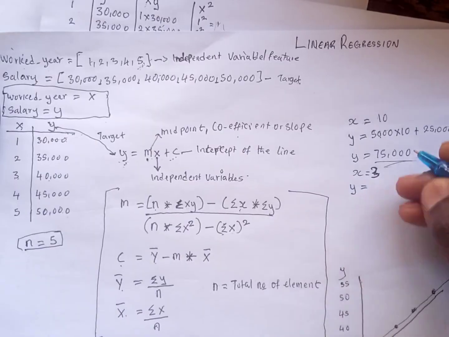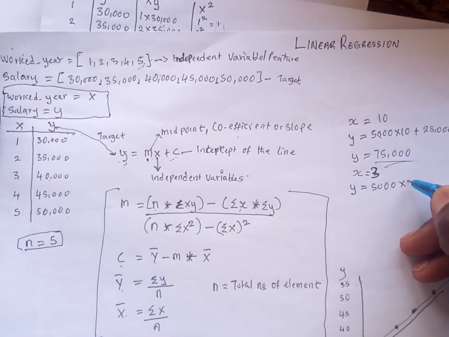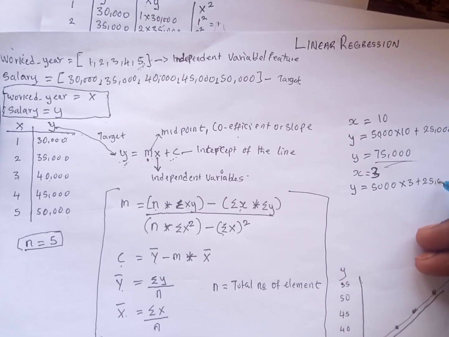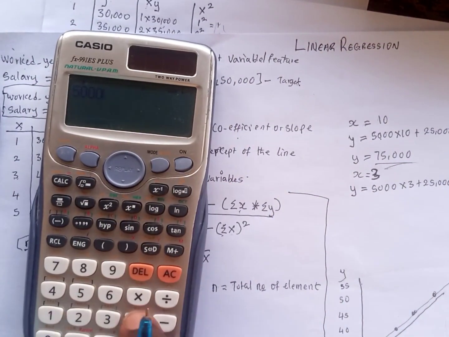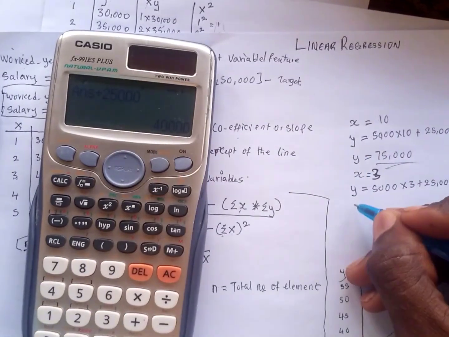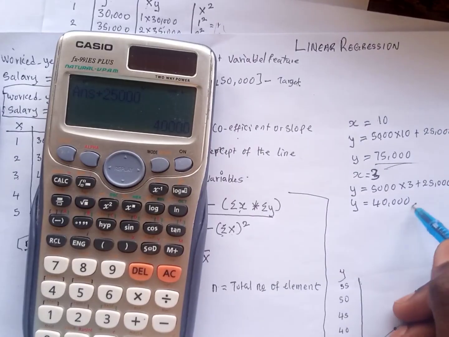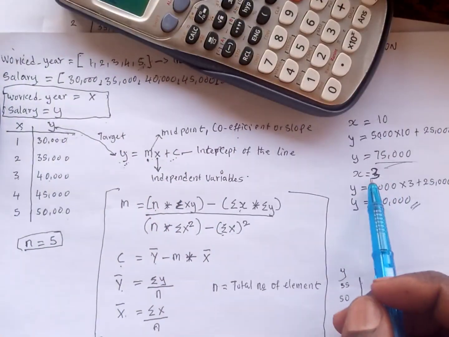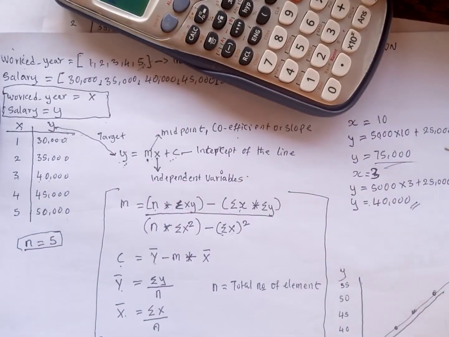So it's going to be our m, which is 5,000, times 3, which is 15,000, plus 25,000. So our y is equal to 40,000. So if our x is 3, our y should be 40,000. You can see our model is actually performing really well.